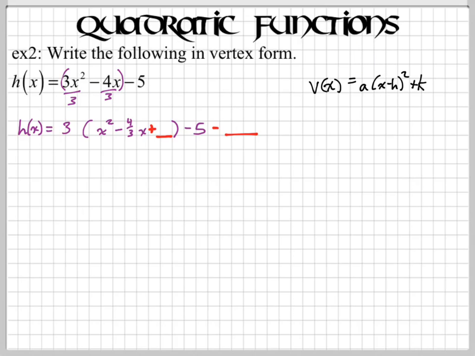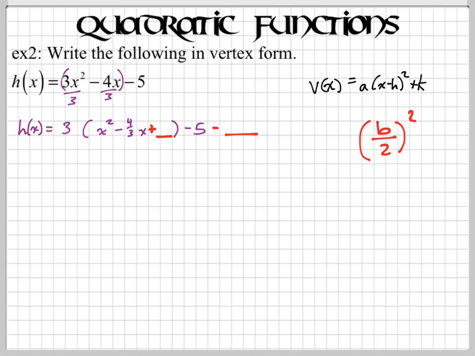Now, in order to find that blank, we got to take the b term, which is the x term. We're going to divide it by 2 and then square it. So you're looking at the b right now, and you're going, oh, heck no, right? So dividing by 2 is the same as multiplying by 1/2, right?